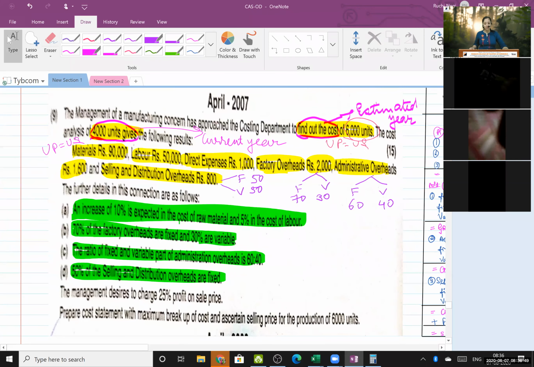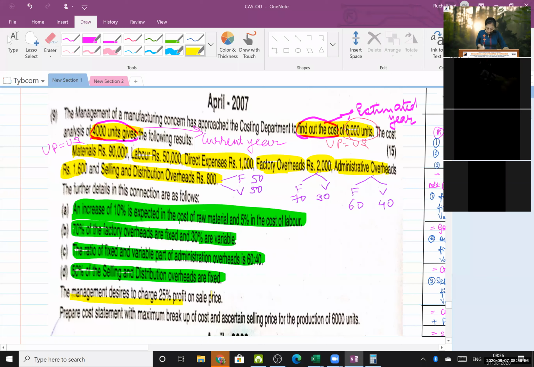Is the question clear? And then the management desires to charge 25% profit on selling price.